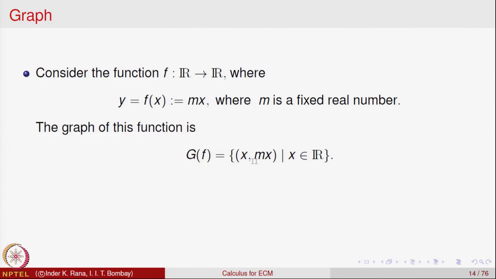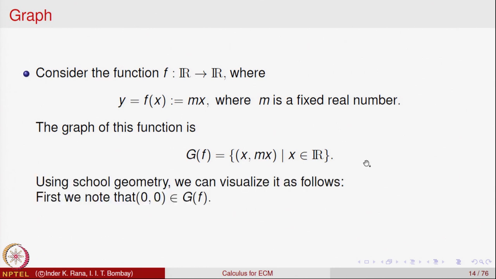So, let us see these ordered pairs, how they get represented on the plane in terms of the coordinates that we have defined. Using school geometry, we can visualize it as follows. First, let us note that the point (0, 0) belongs to the graph. If x is 0 in the domain, then y is also 0.